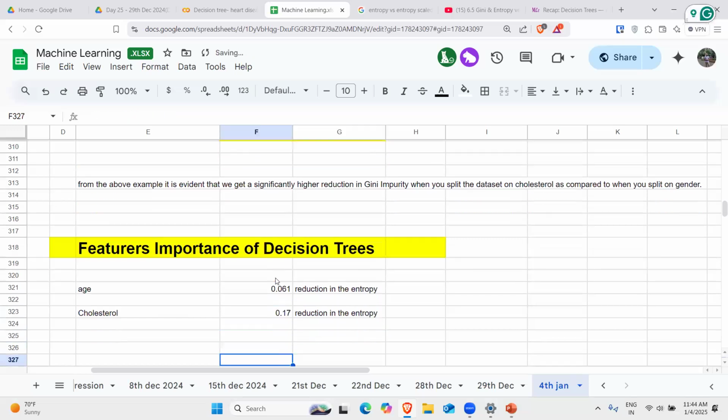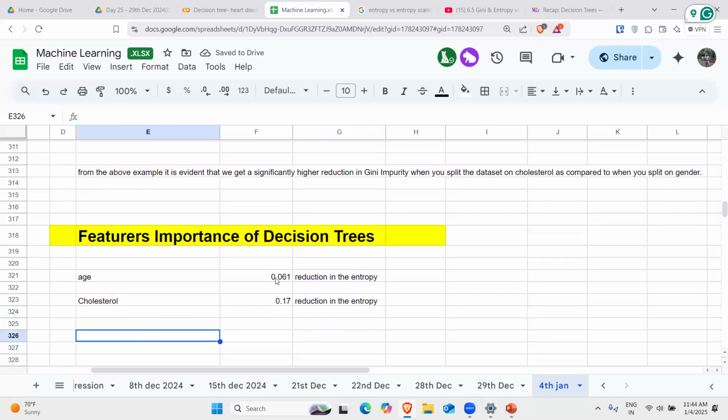Now, which one is the important feature according to these two? Important feature is cholesterol. Yes or no? Because if I do splitting based on my cholesterol level, my reduction in the entropy is 0.17. It is high. So cholesterol is the more important feature as compared to age in our data.